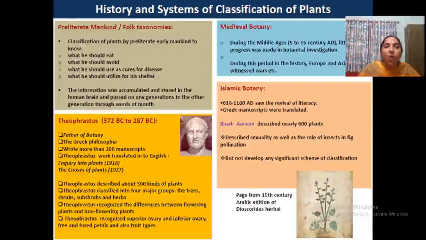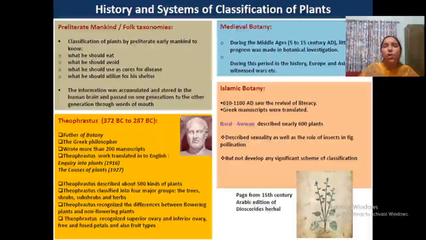So, the folk taxonomies, that is pre-literate mankind, when man was illiterate. In that time, many million years back, that is known as folk taxonomy. The people only needed to know what they were eating, what they had to avoid, what type of plants they used to cure diseases, and what type of plants were used for shelter.